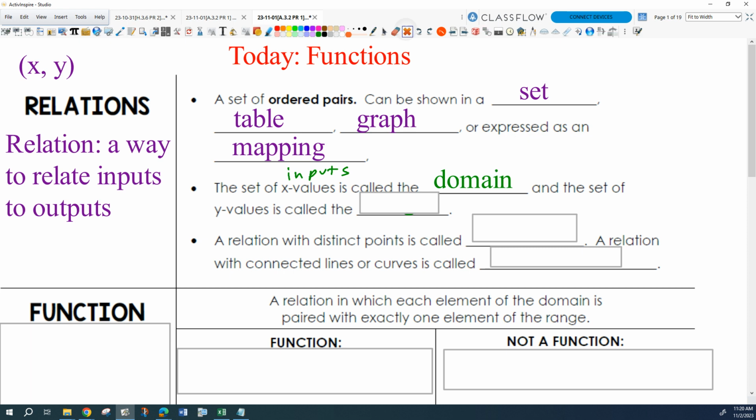Okay, so that's the set of all inputs. The set of all outputs, or y values, doesn't have to be y values, could be other values, but the outputs, what do we call that? The range, yeah.